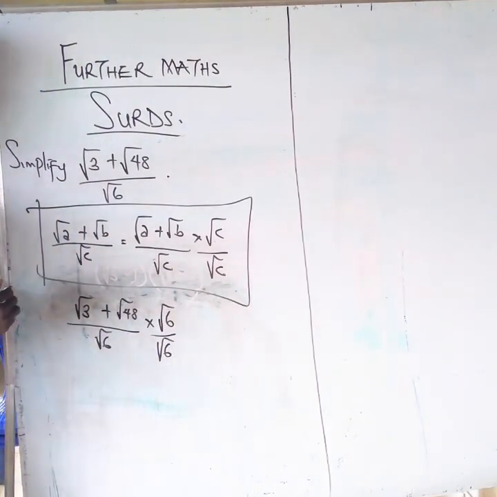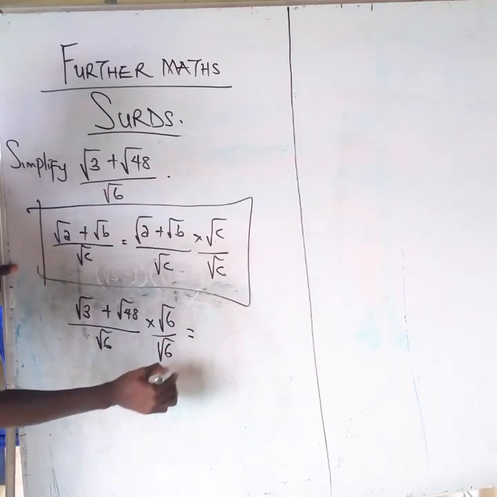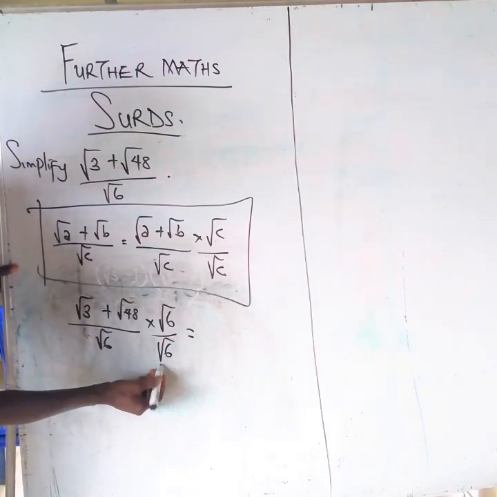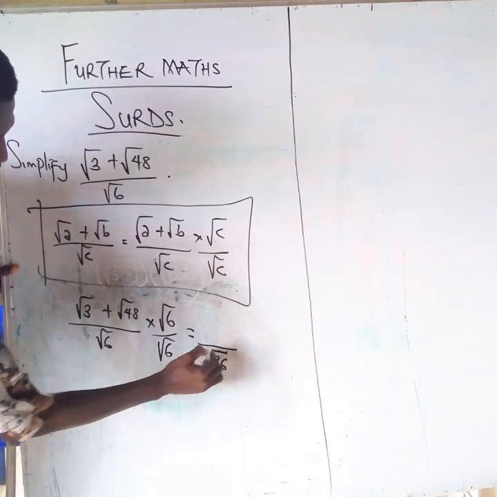That's what you call rationalization. Okay, so this gives you root 6 times root 6 gives you root 36.